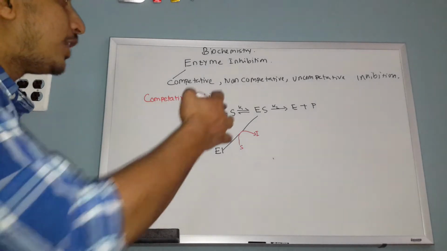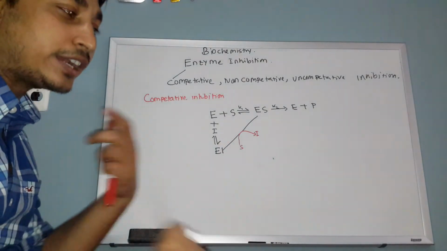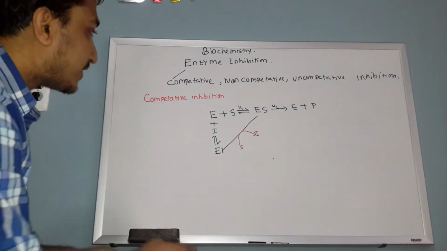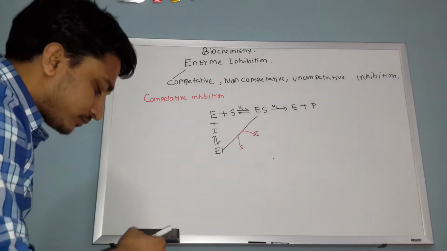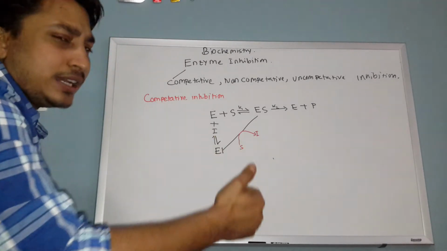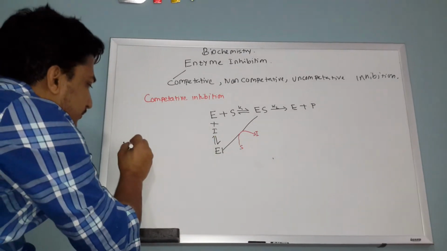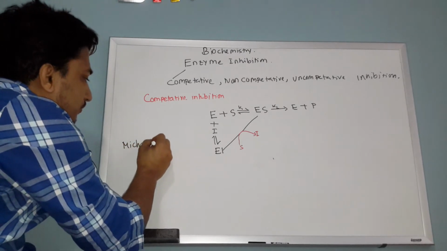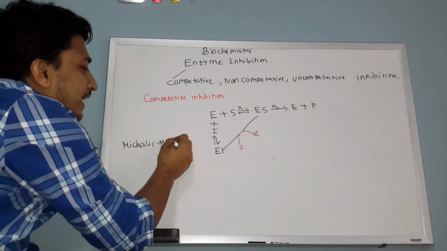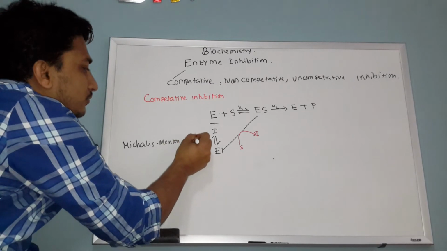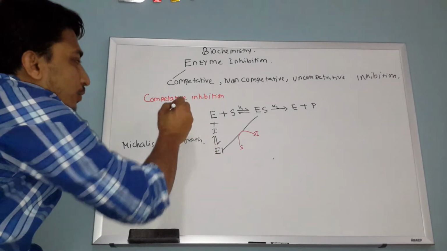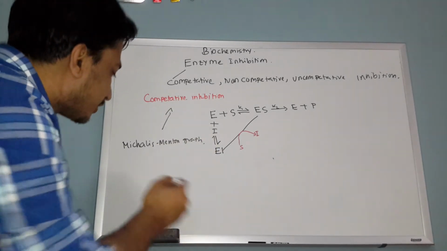So first, understand the Michaelis-Menten graph for competitive inhibition. Look right now how it's going to look.